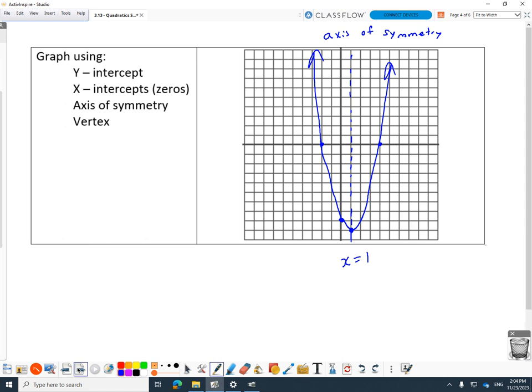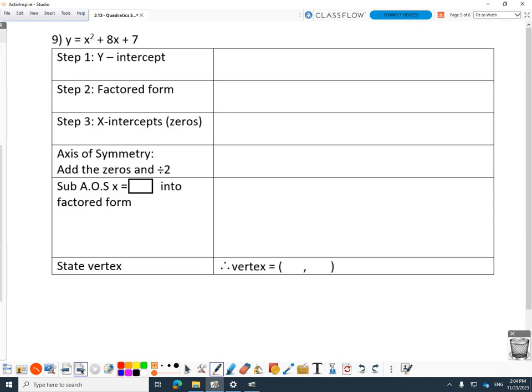Is it good? Okay, we'll do it all again. The whole procedure again. Challenge yourself. Even if you have to flip to my previous example. Where do we find the y-intercept? That part.